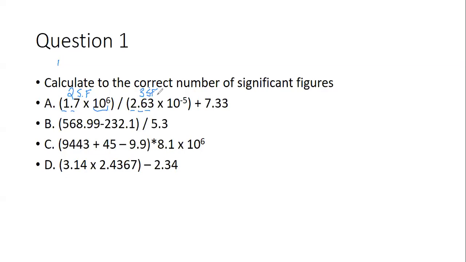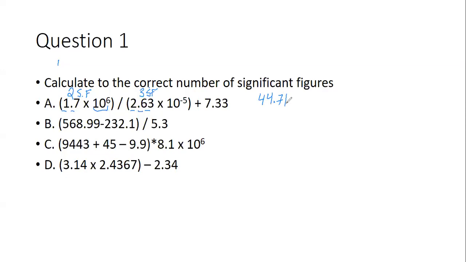So if you do this division, the answer on your calculator will be 44.71. Now, this number should have only 2 sig figs, but, and this is a big but, you do not round until the very last step.